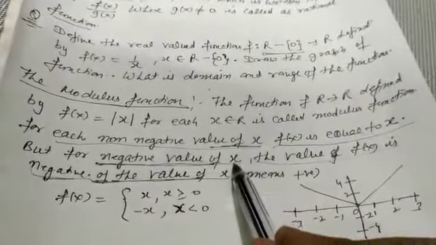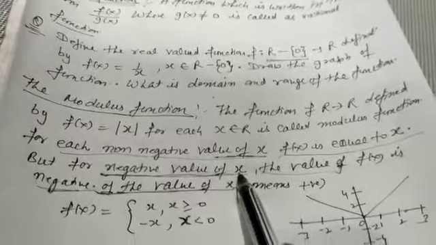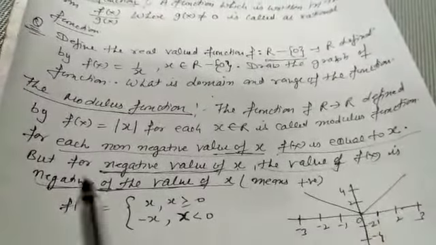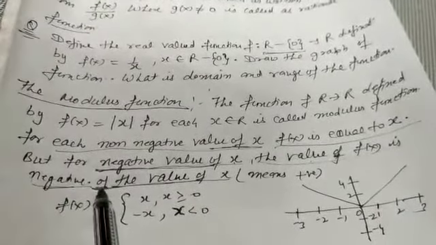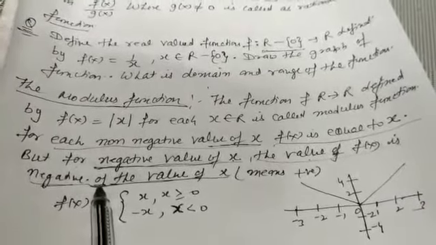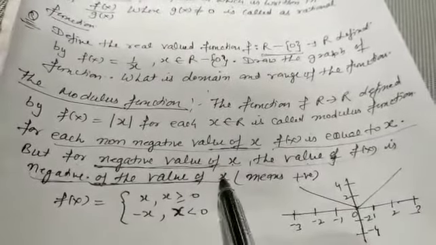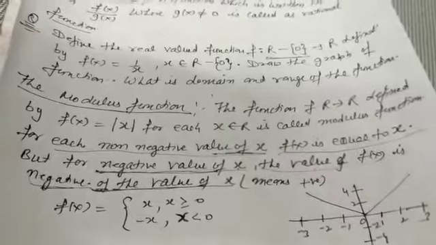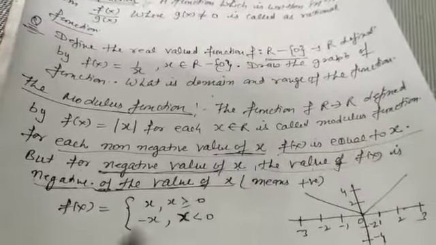When you substitute a negative value of x, f(x) is the negative of it, meaning you introduce a minus symbol outside so that the result becomes positive. This is called the modulus function.